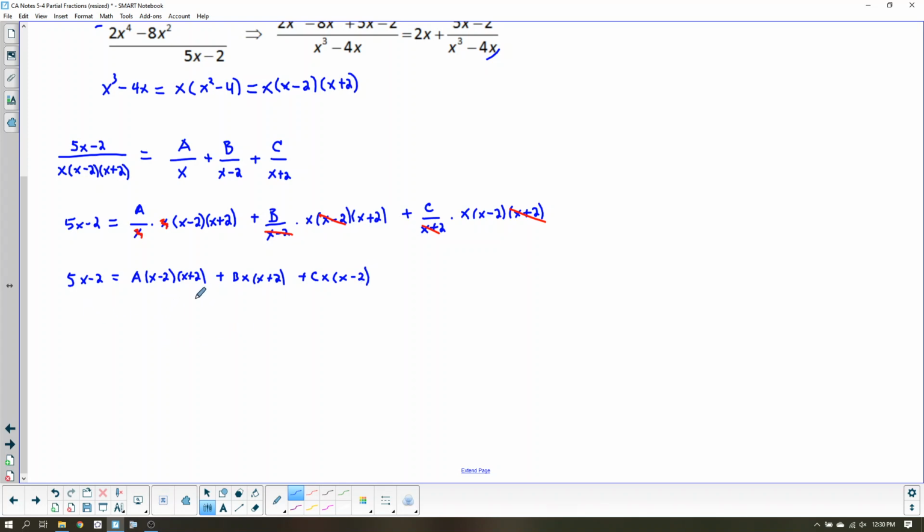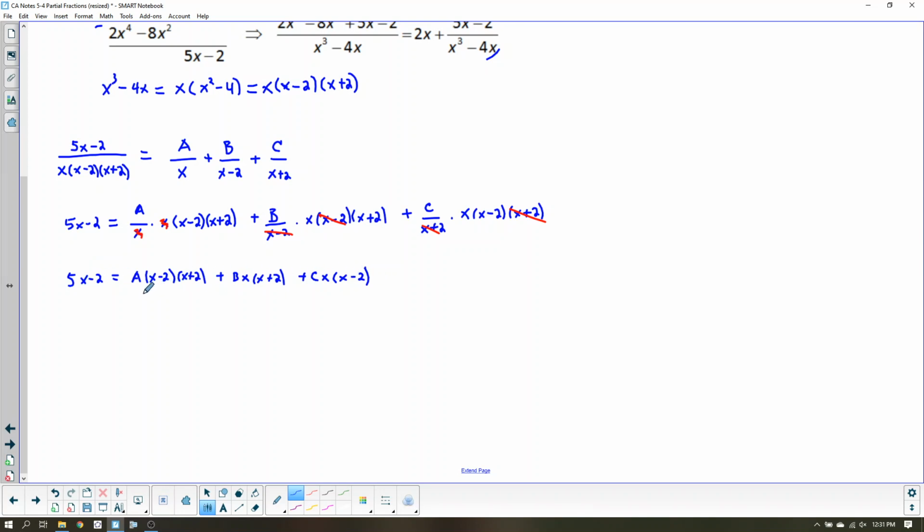Okay, now the idea is that this equation should be true for any value of x. The left-hand side has to equal the right-hand side. So we're going to pick values of x that are convenient to us to help us solve for a, b, and c. You can technically pick any value and plug it in to get a new equation, but if you conveniently choose the values of x, we'll be able to quickly solve for a, b, and c.